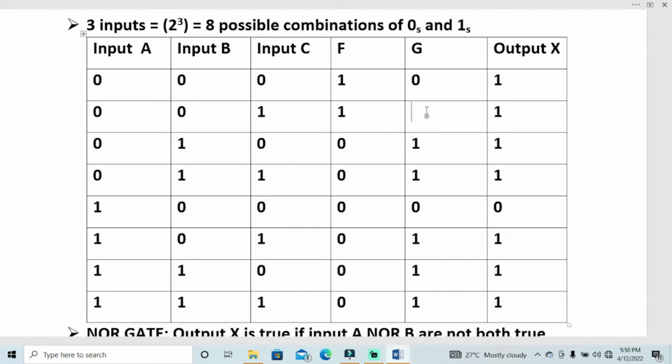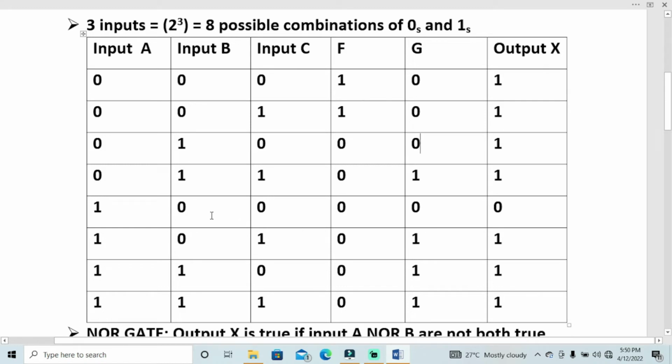Since B here is false, this output can only be false, because the output can only be true in a situation where the inputs are both true. Also here it will be false, and here we have input B as true and input C also true, which means we are going to have this one as true.